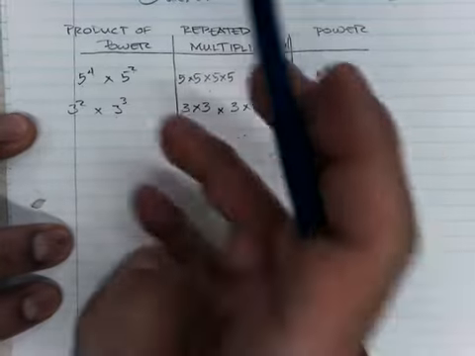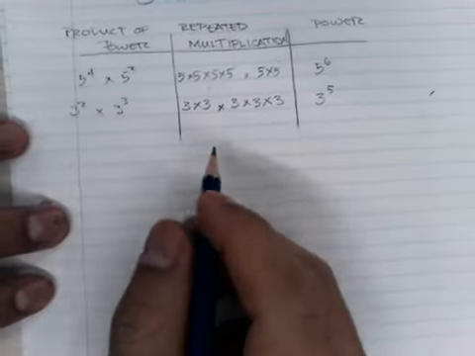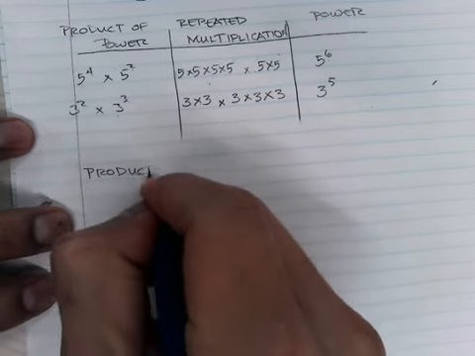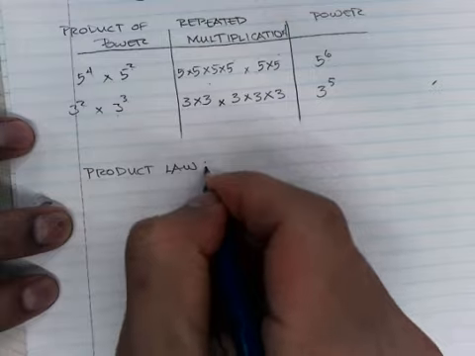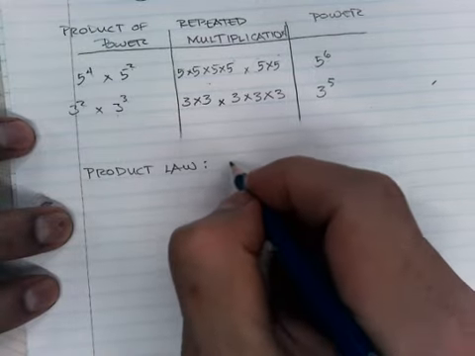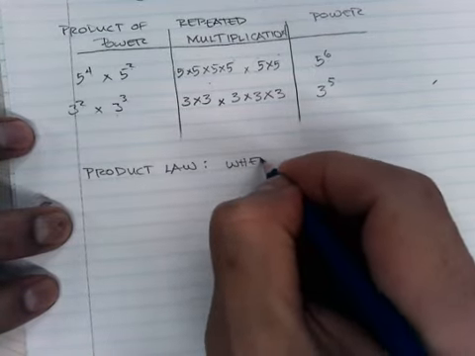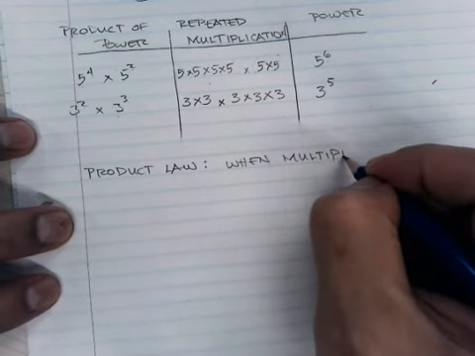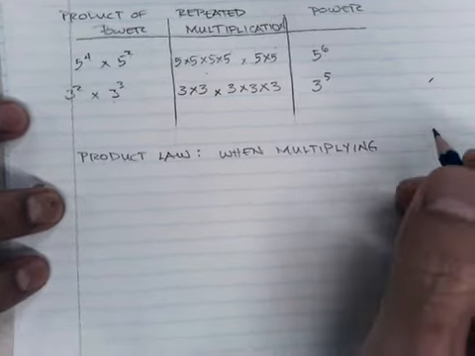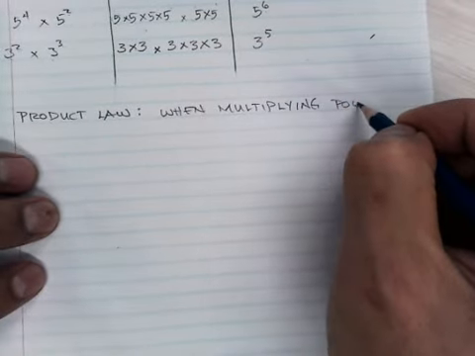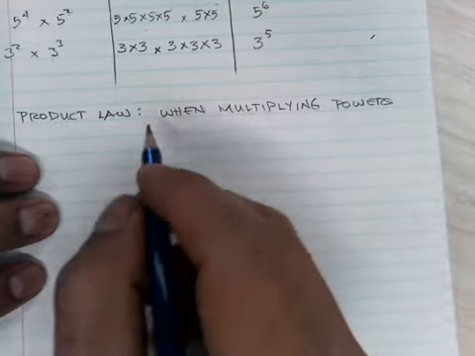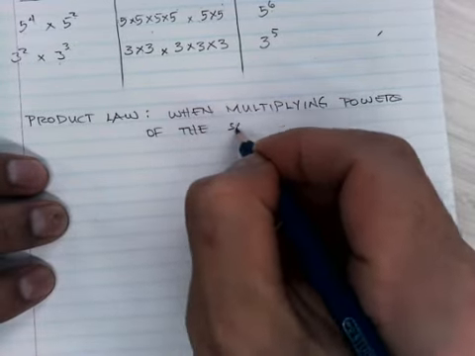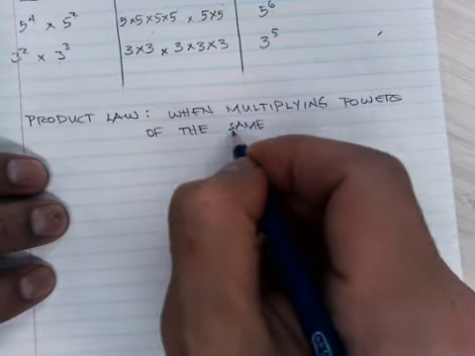Let's make some room here. Product law states that when multiplying powers of the same base, and this is key here, the base has to be the same.